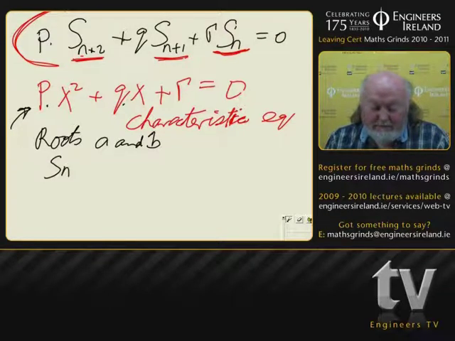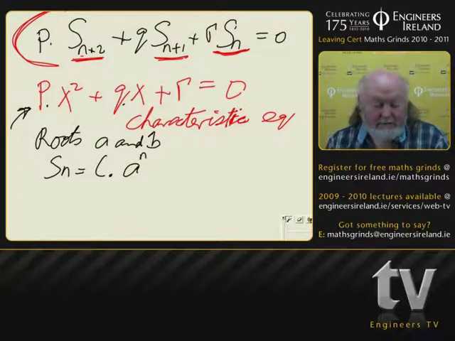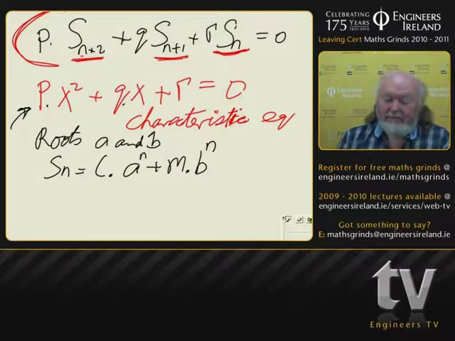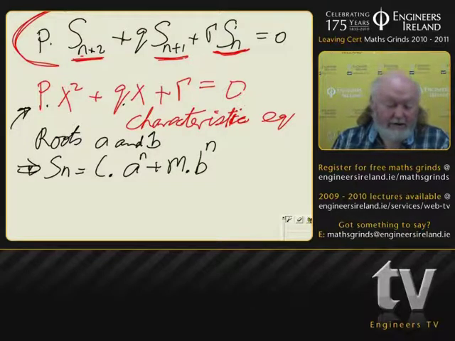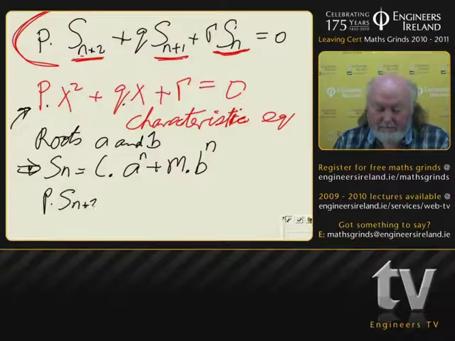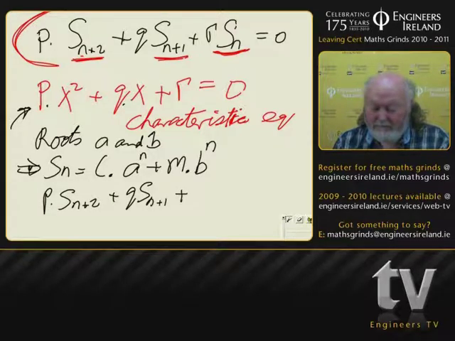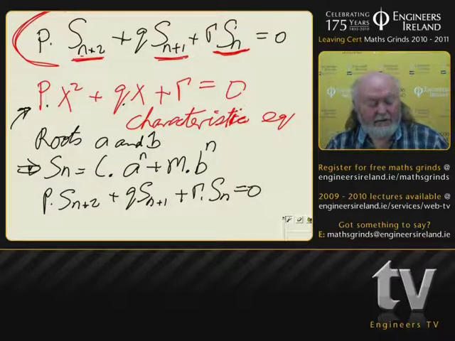if Sn is equal to L by a to the n plus m by b to the n, if we now define our Sn in terms of this, so then, what is it that we know?